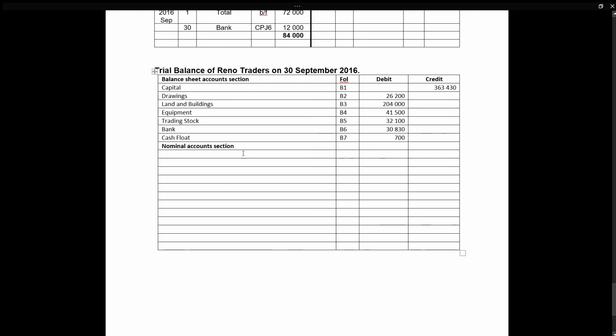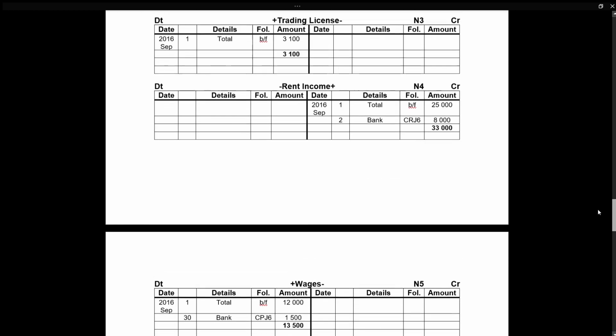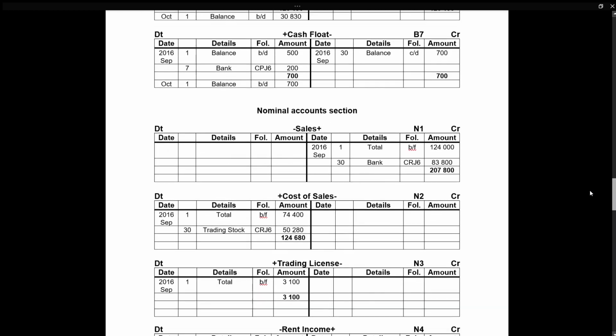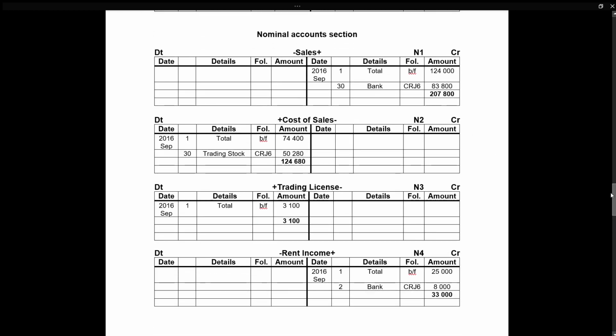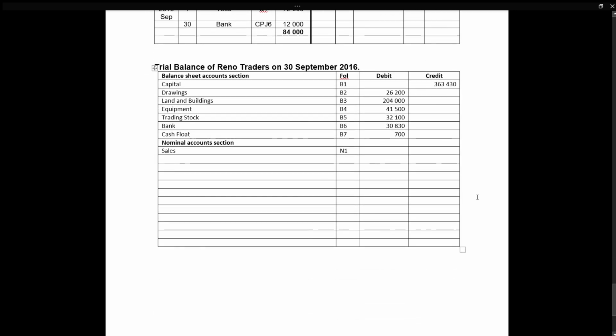Right, now nominal account section. First one, always sales in a trading business, and sales will be N1. Let's go and find it. Will be a credit total for N1, 207,800 Rand. 207,800 Rand. That's a nice amount.